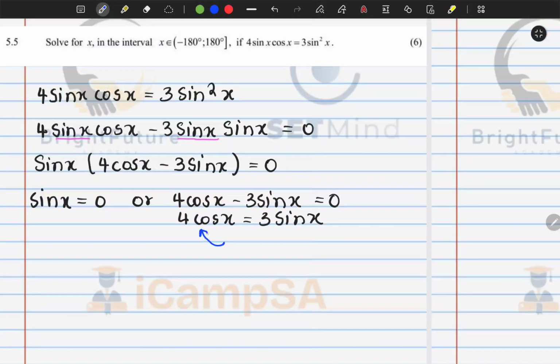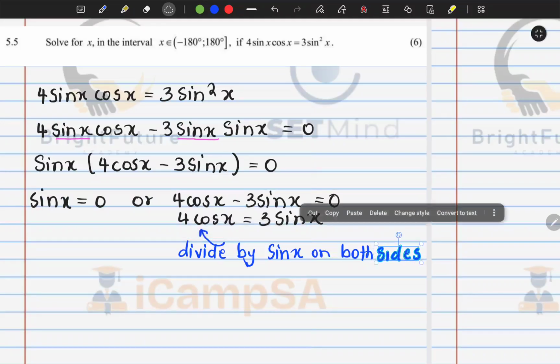And what I'm going to do here is divide by sine on both sides. So that is what I'm going to do.